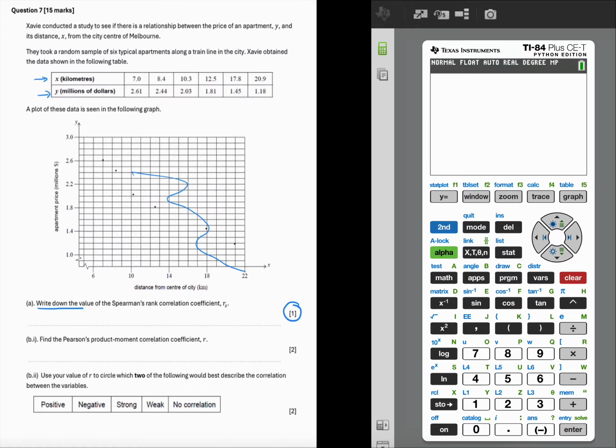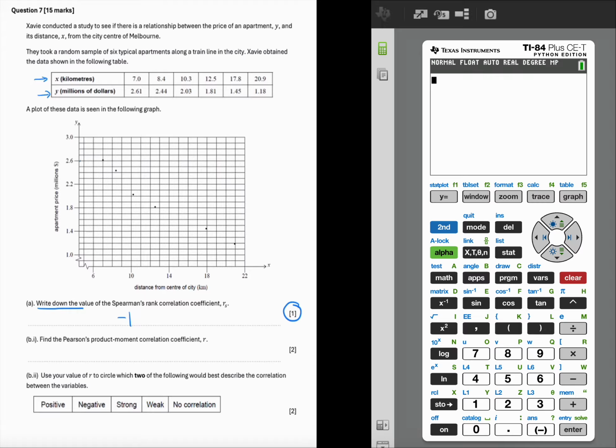In which case, the Spearman's rank must be -1, because each of them is ranked highest, next highest, next highest, and so on, if we look at the X value, but it's also following the same thing if we look at the Y value. So it is a negative gradient and it's a perfect gradient in terms of Spearman's rank.